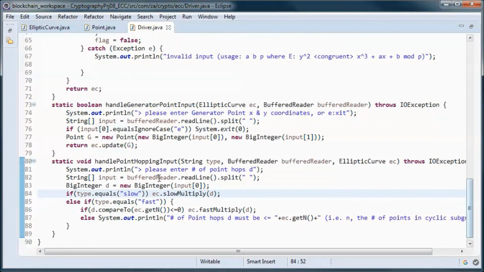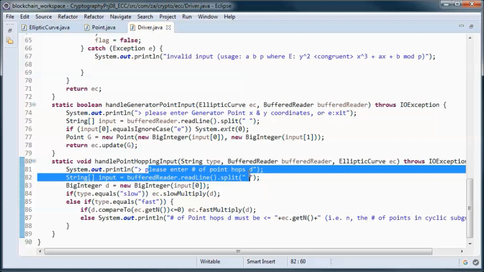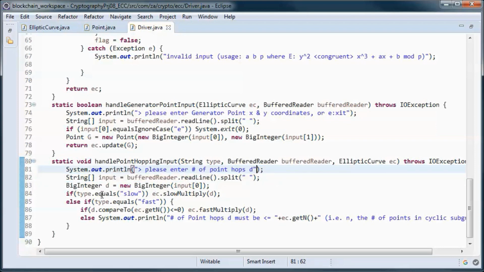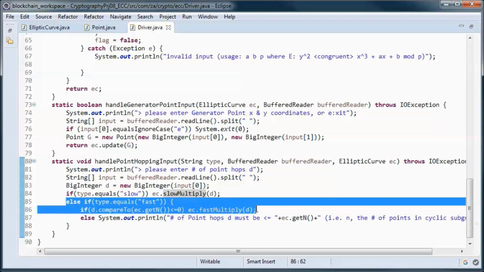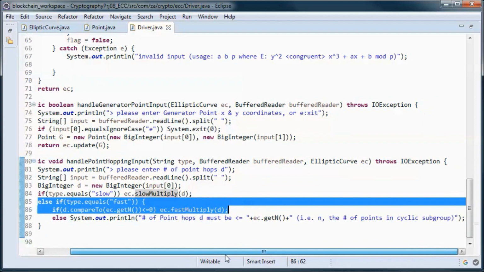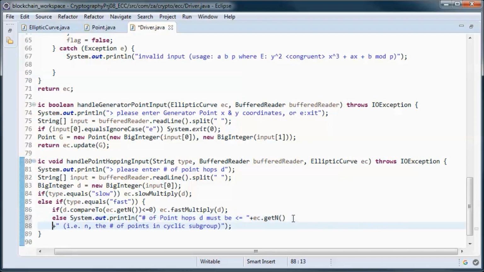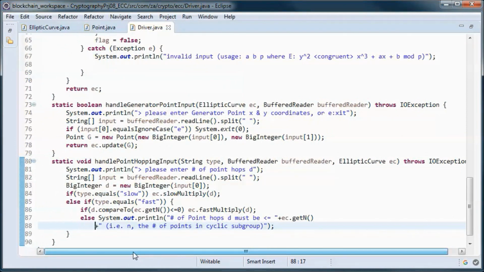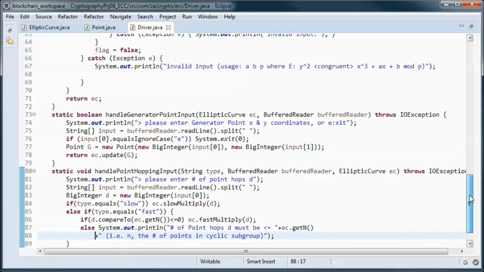So we prompt the user for the number of point hops d, and if they already have selected slow hopping, then we call this method. Otherwise we do fast hopping with the double and add algorithm. And this should do it for this class.